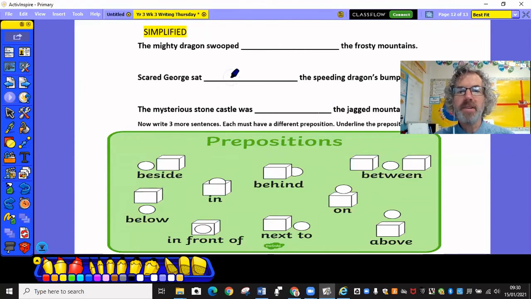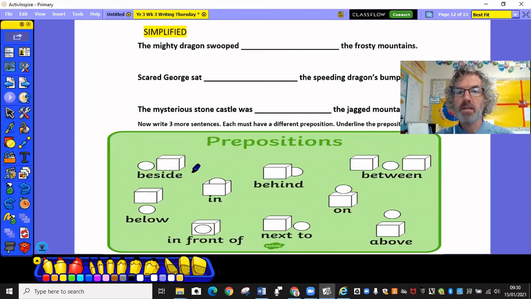If you'd like that simplified, I've given you some sentences with the missing prepositions. Choose the prepositions from the box that you think could fit in here best. The mighty dragon swooped the frosty mountains. We could have beside. The mighty dragon swooped beside the frosty mountains.